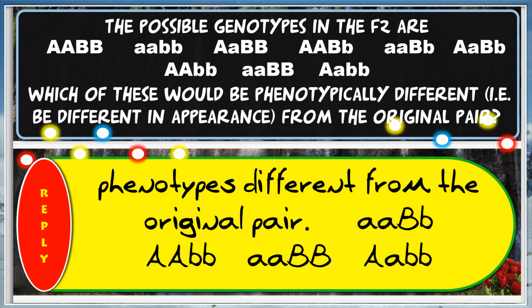Phenotypes different from the original pair are those with combinations such as small a, capital B, small b, capital A, and small b, small b.